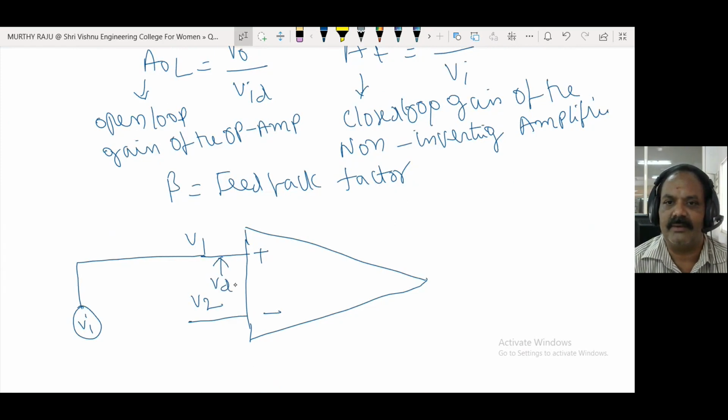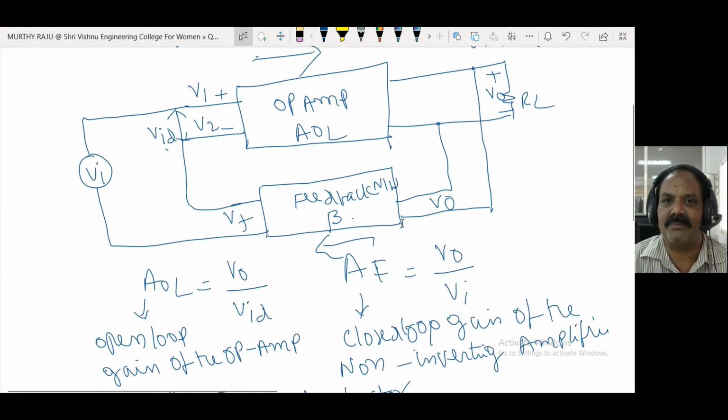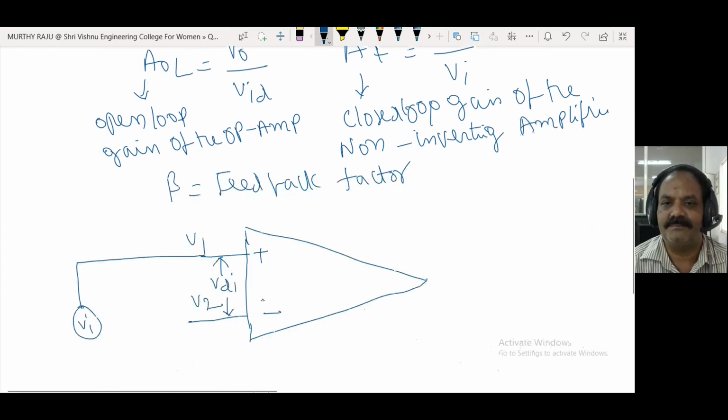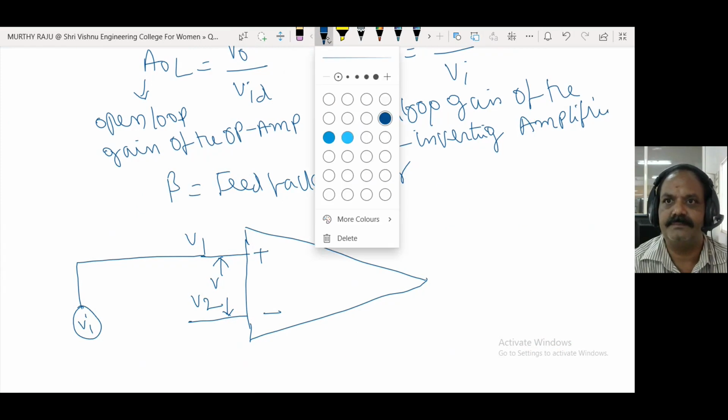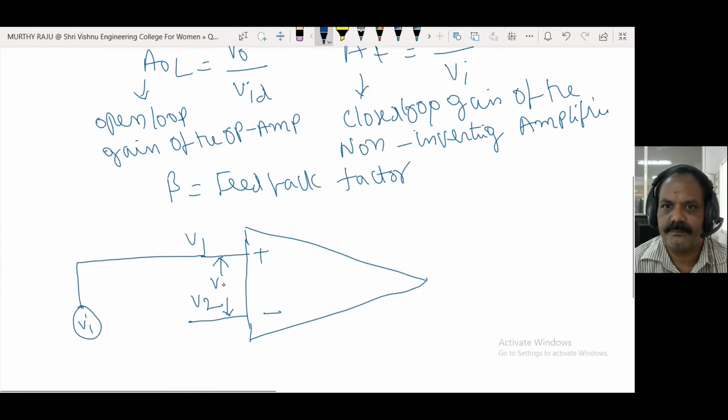Let's say that is VID, the differential input voltage. Here some resistance is there, that is RI. Here also a dependent voltage source is there.